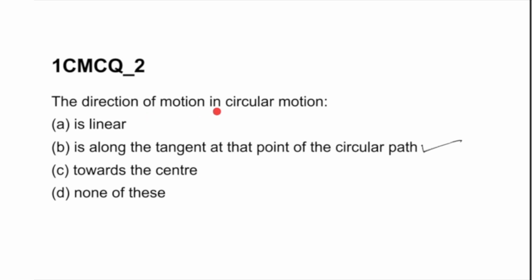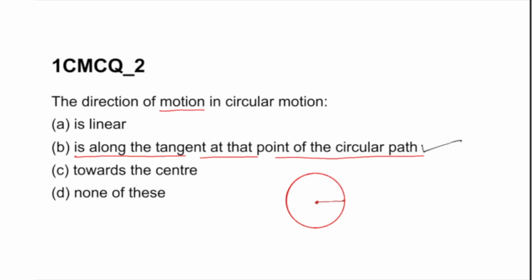The direction of motion in circular motion is along the tangent at that point of the circular path. Direction of motion is the direction of velocity. Let me draw it again. Let's say this is the circular motion we are having, and now a particle is moving like this, going in a circular path.